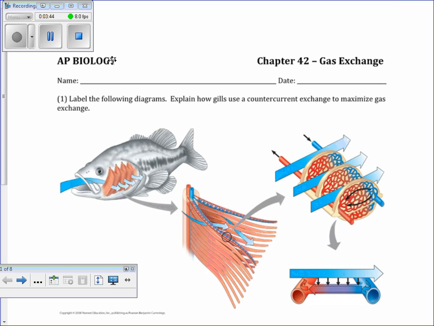We're going to use fish gills in this case because this is how fish exchange gases.